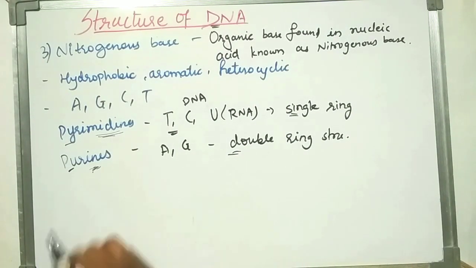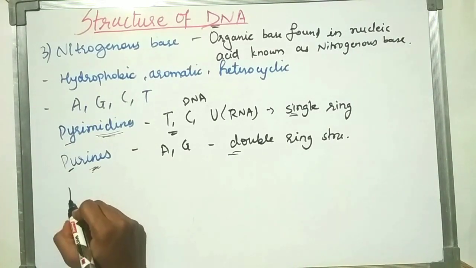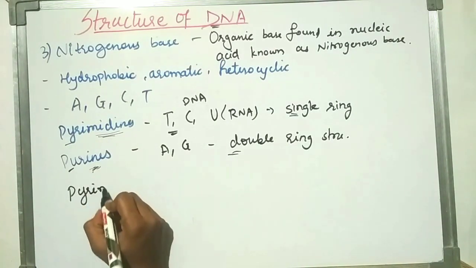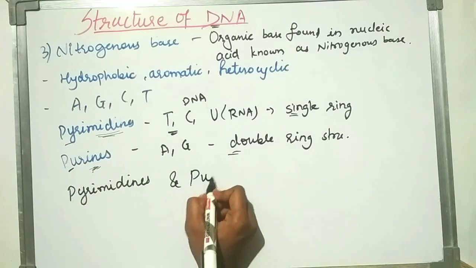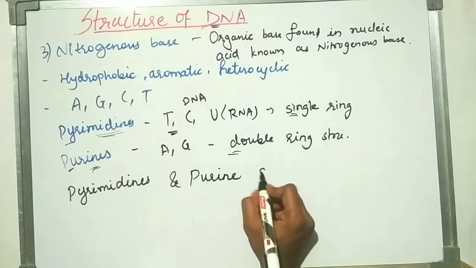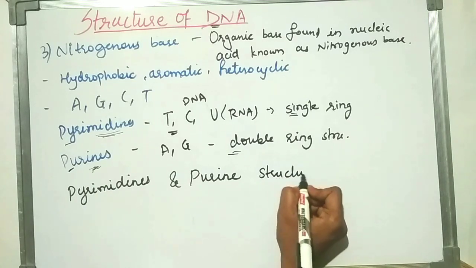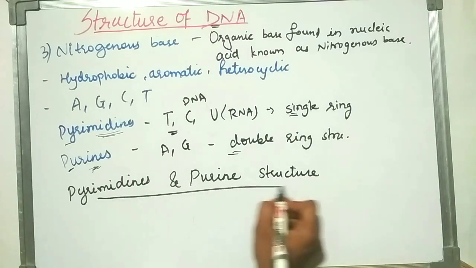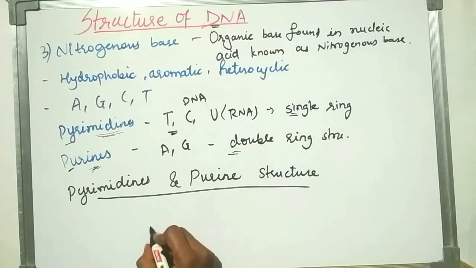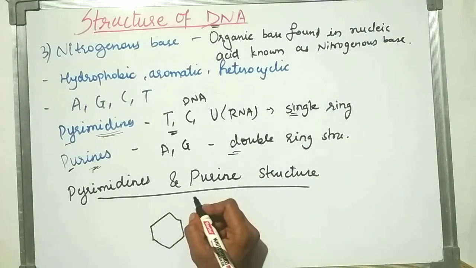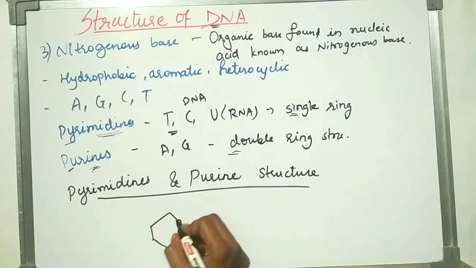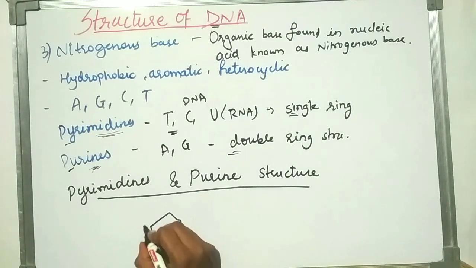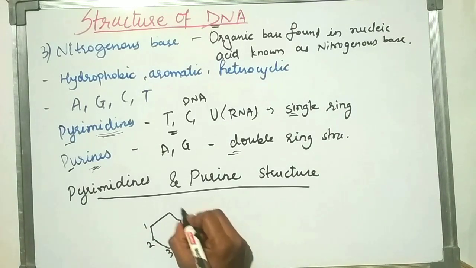Now we see the structure of pyrimidines and purines. The base structure is a benzene ring, aromatic, with positions 1, 2, 3, 4, 5, 6.